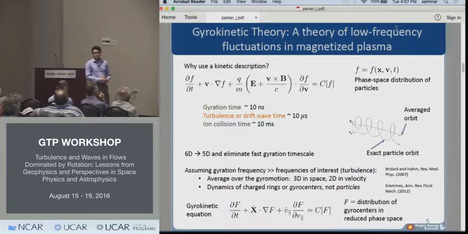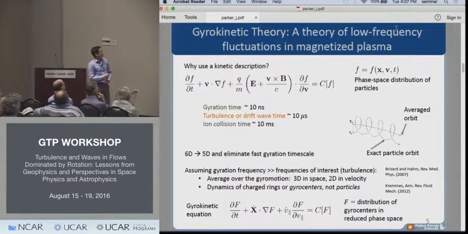F is a phase-space distribution of particles, depending on both space and velocity. If you look at the collision time resulting from two-particle binary collisions, this is much, much longer than the turbulence timescale of interest. So it's not collisional. A fluid description isn't really sufficient, so we're pretty stuck with the kinetic description.